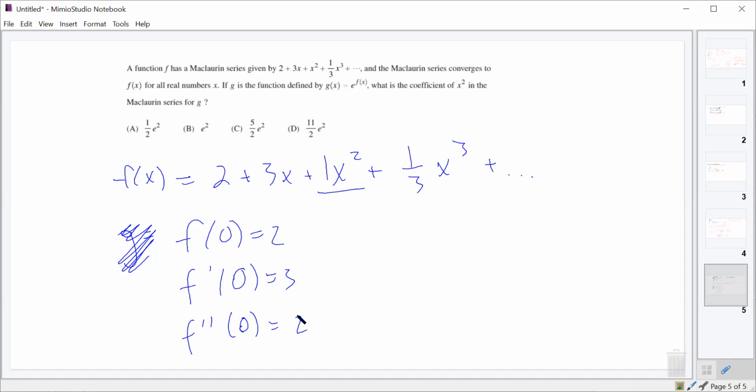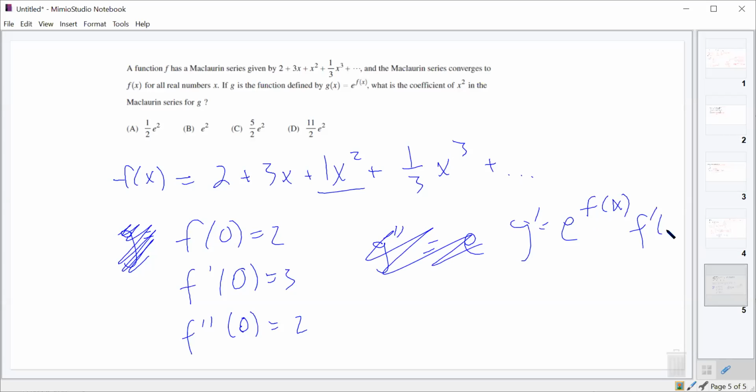And if g is e to the f of x, then g prime ought to be e to the f of x times f prime of x.